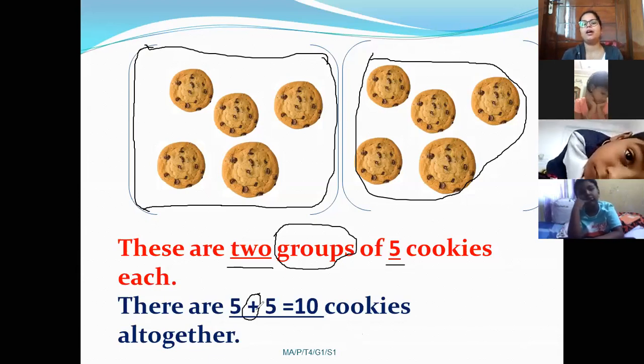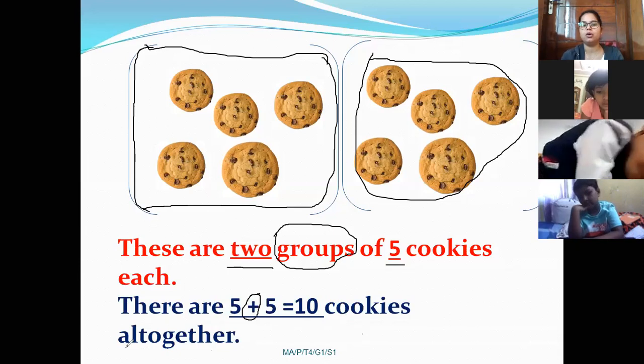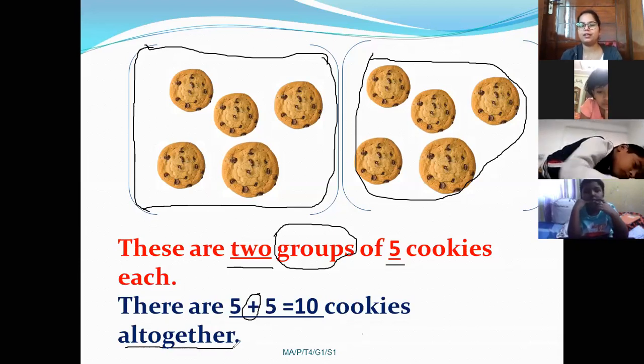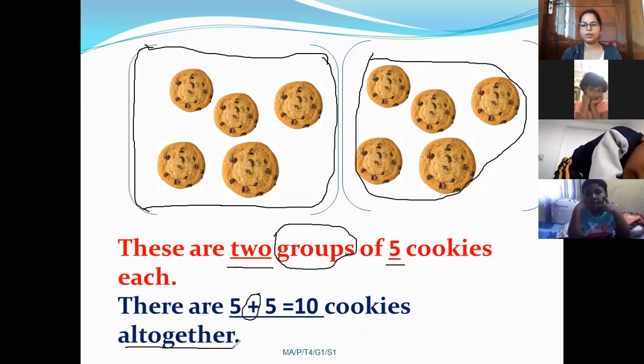So 5 plus 5 is equal to 10 cookies all together. All together means we have to add. So we can write it as 5 plus 5 is equal to 10 cookies all together. Okay, we can write it in this way also.